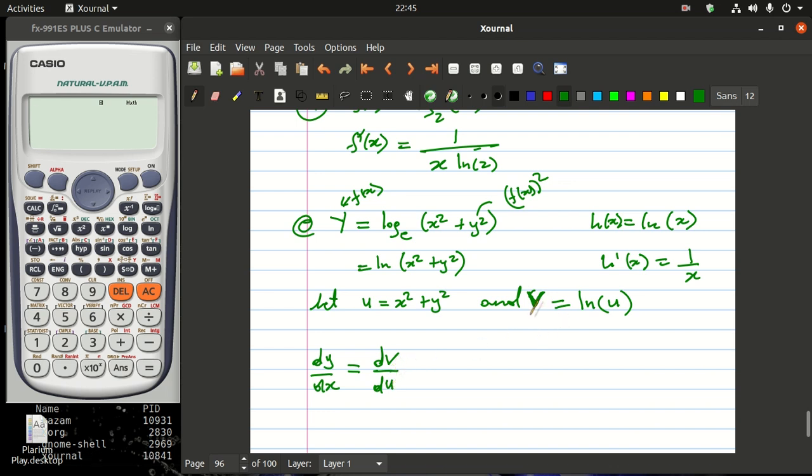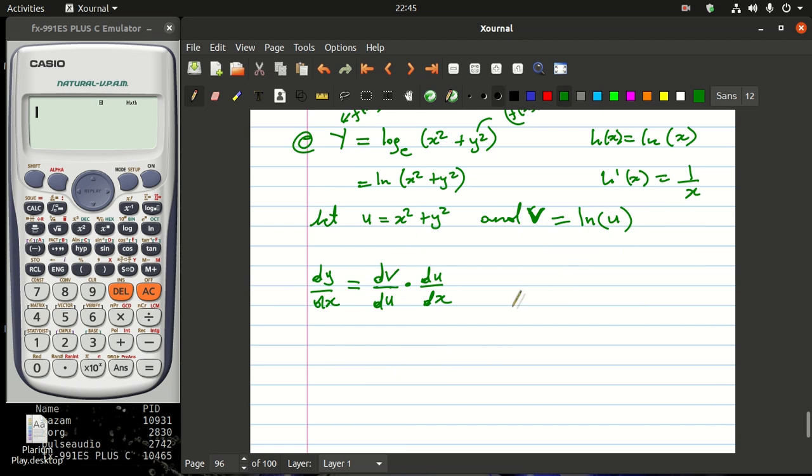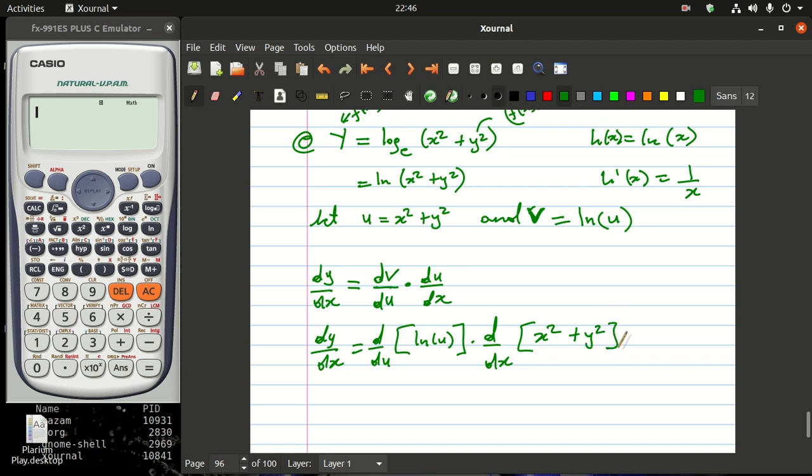We did not actually have a u there, that is why I have to take the derivative of u with respect to x. Now this is going to be so easy. I have my dy with respect to x, and then I have dv, where instead of v I'm going to have ln of u, and then dx, and instead of u, I'm going to have x squared plus y squared.